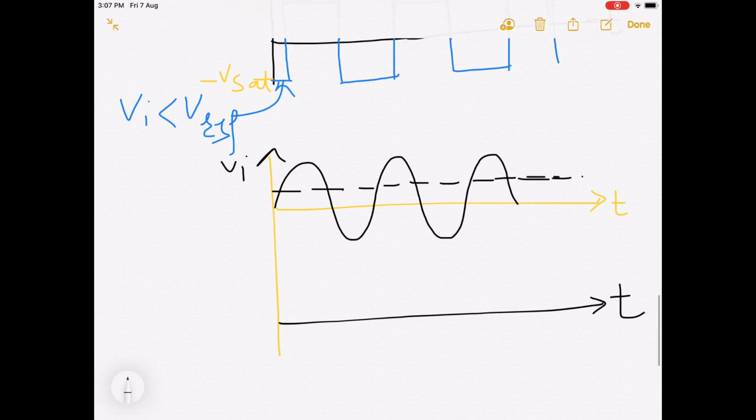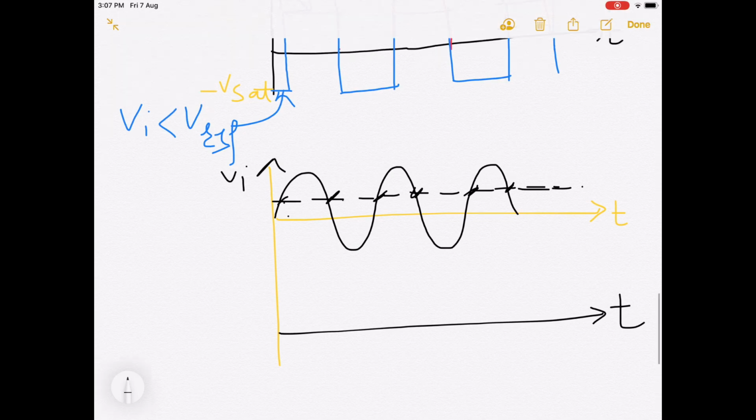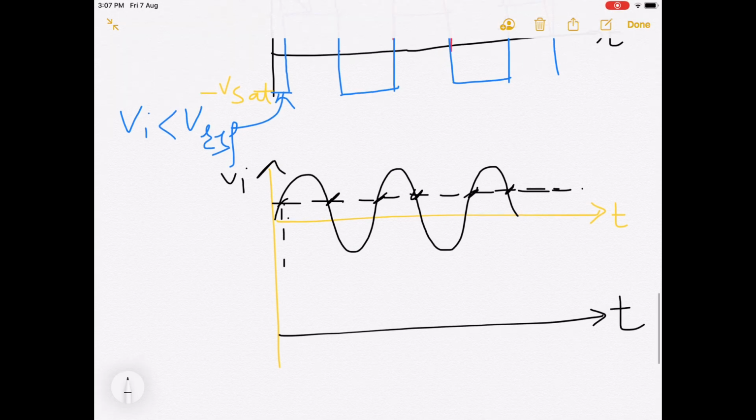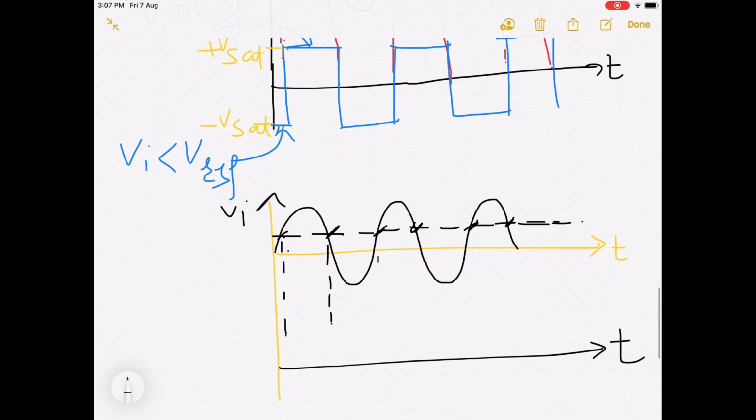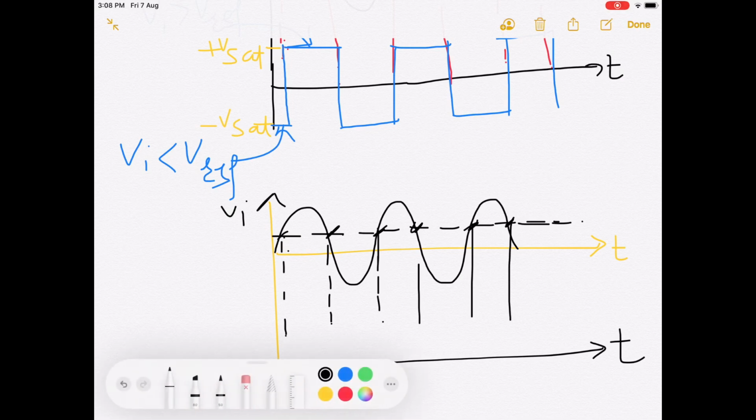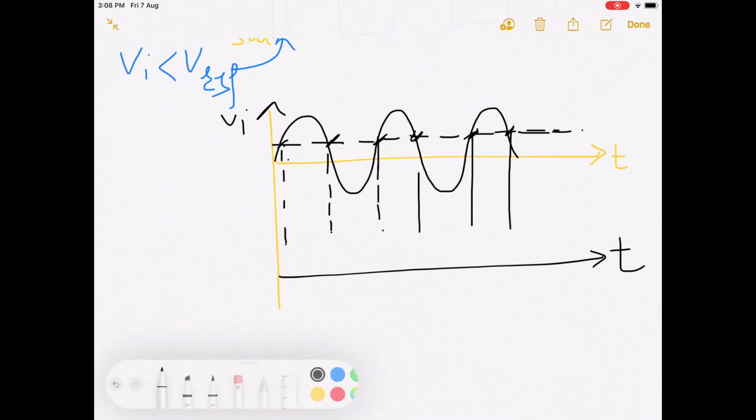Consider these crossing points while drawing the diagram, and then take a straight line from those crossing points. Here again put those values and draw the waveform at the output side.